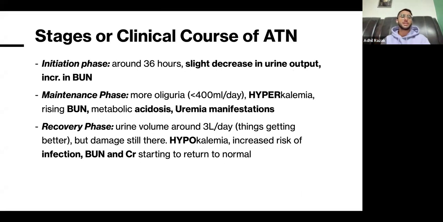Because of this unregulated loss of fluids in urine, the ions are lost with it, including potassium. So hypokalemia. There's also increased risk for infection, and as we saw in this patient, his BUN and creatinine ratio are starting to return to normal. All right, if we're clear.